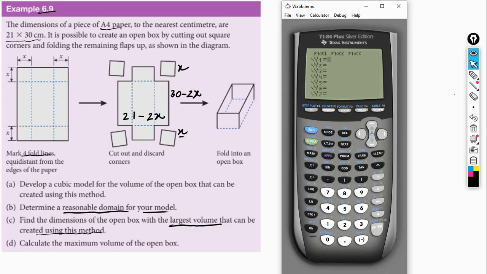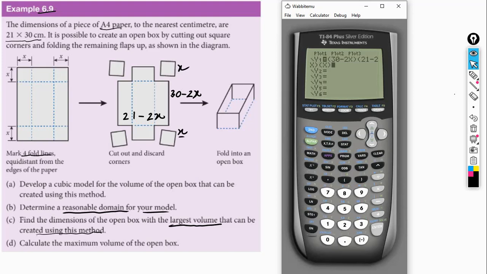So we said that the length is 30 minus 2x, times the width, which we said is 21 minus 2x, and this times the height, which is simply x.